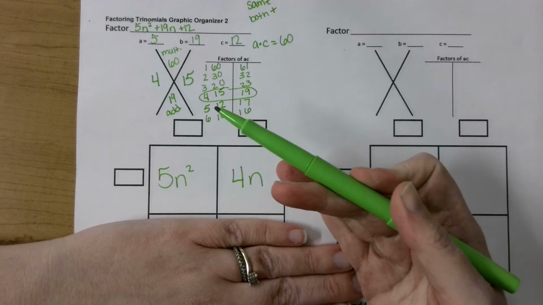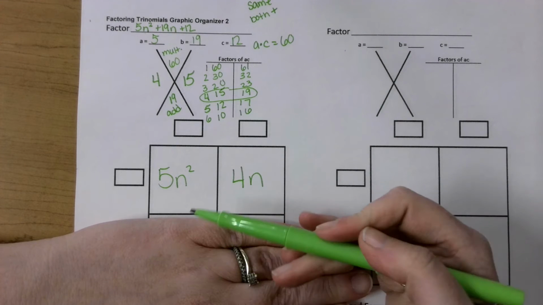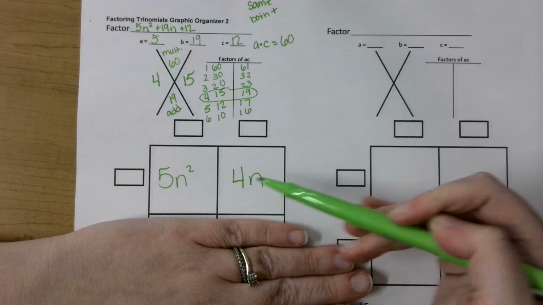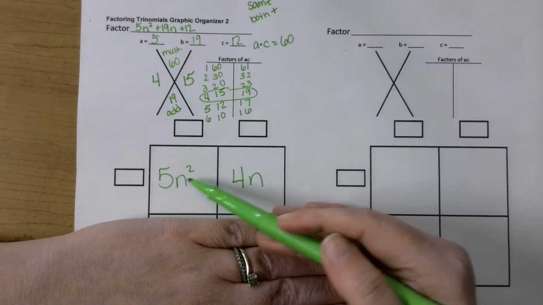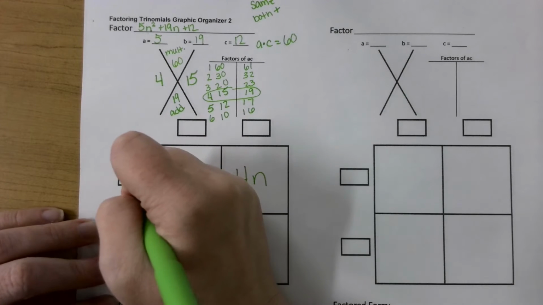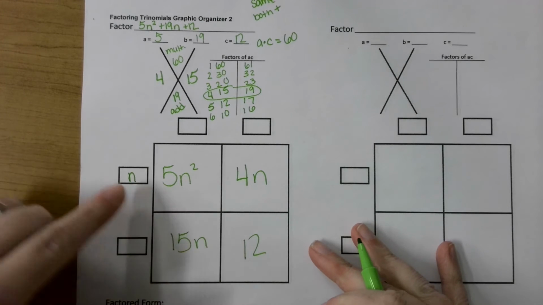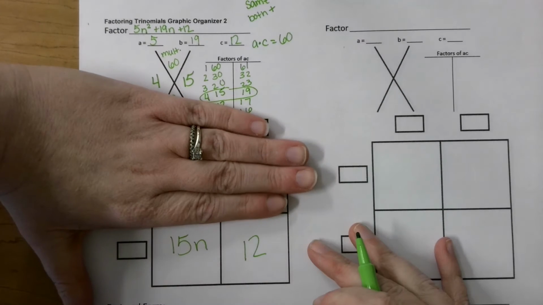Nothing goes into them evenly except for the number 1. I'm also going to look at the number of n's I have. I have n squared and I have an n, so I can divide both of these by 1 n. So my greatest common factor between these is just the n.